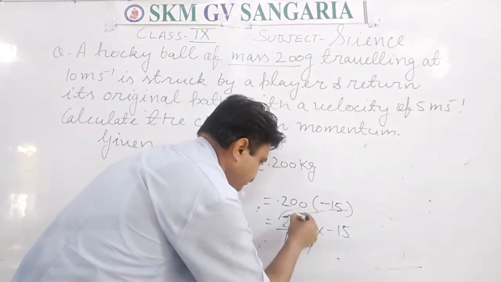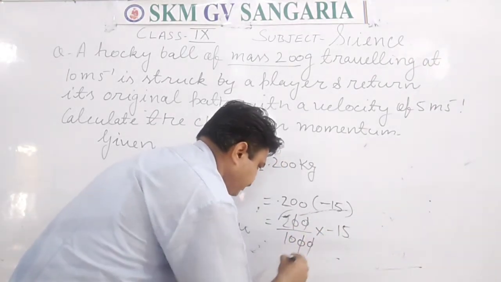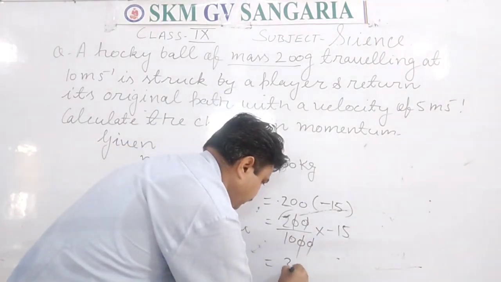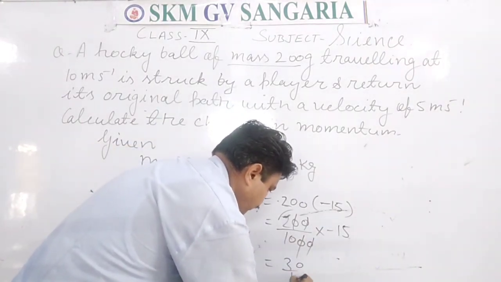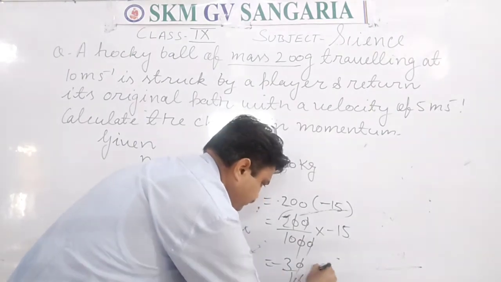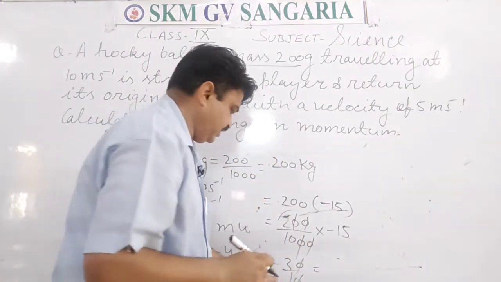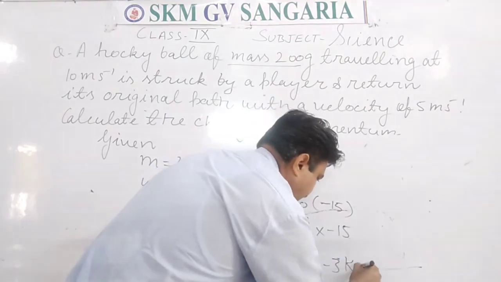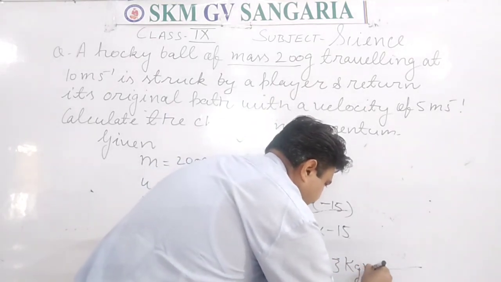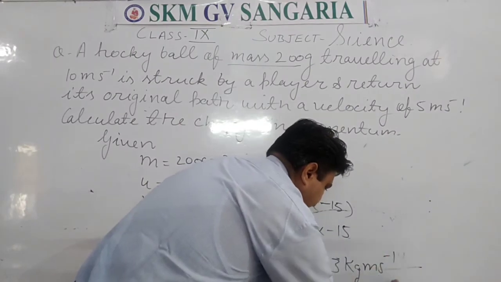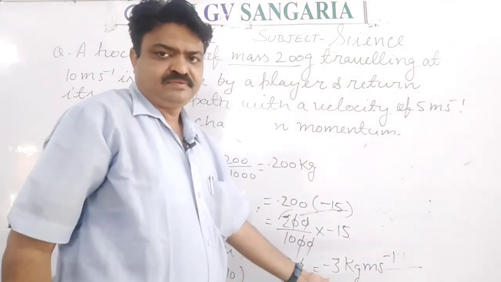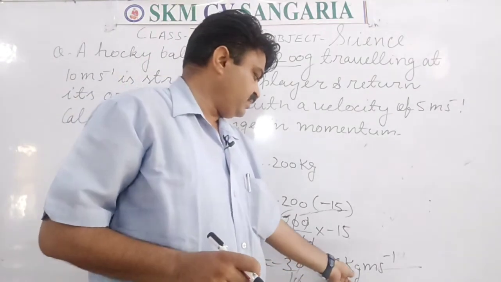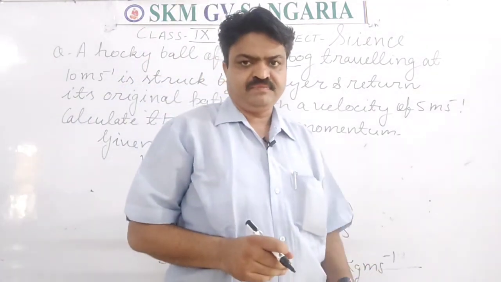From these two zeros will be cut, 30 upon 10, from this will be cut, and the answer that we will get here is minus 3 kilogram meter per second. It is the change in momentum, student. Minus 3 kilogram meter per second.